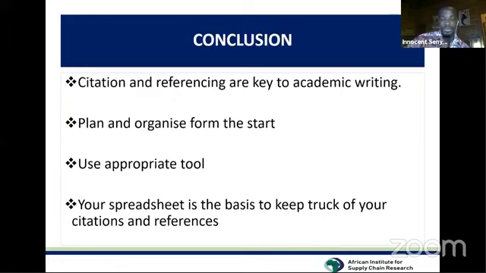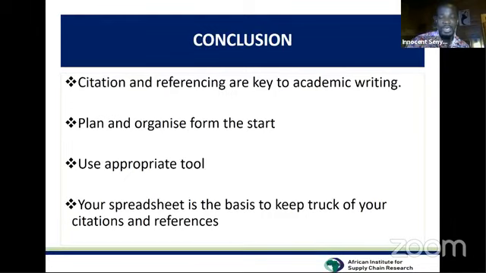Now, in conclusion, in academic writing, as you mentioned earlier, without doing this well, you may be found committing an academic crime. And hence, let's try as much as possible to check our citations and references and do them from scratch. The key is to plan and organize from the start.